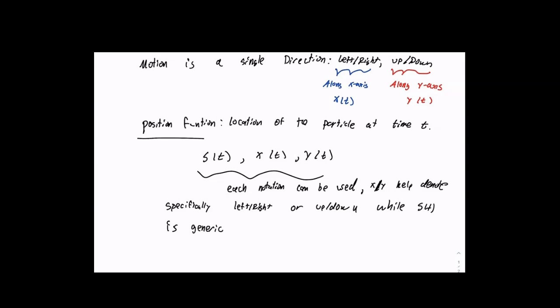So if you're moving left and right, we're going to utilize the words left and right, and as such, I'll denote that with x of t as the position. All right. And it'll explicitly say like the position function s of t or the position function x of t. Remember, it's just a variable. These are the three most common ones to use, so I just want to get them out there.